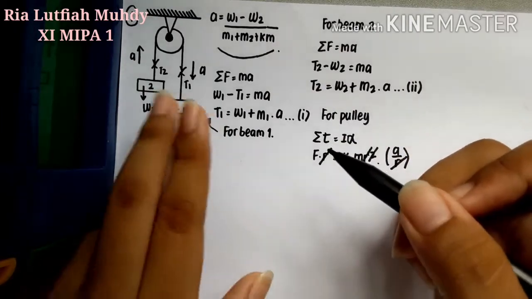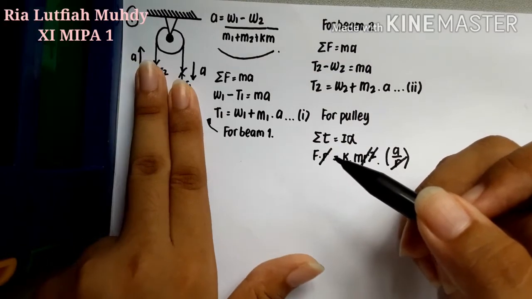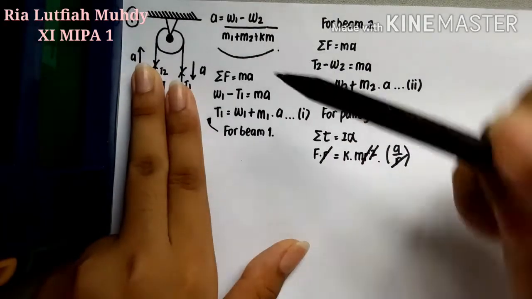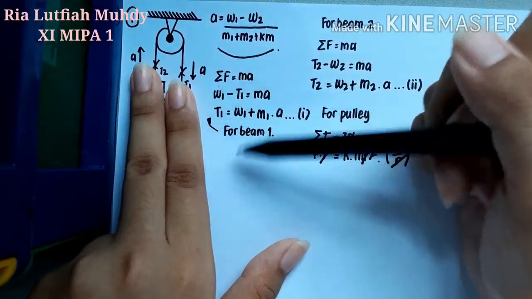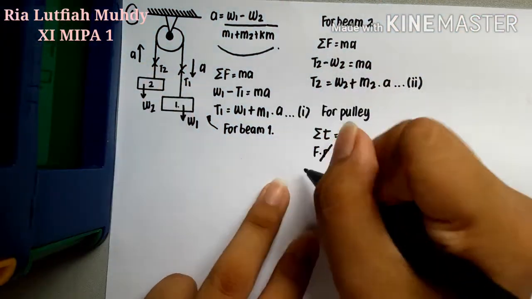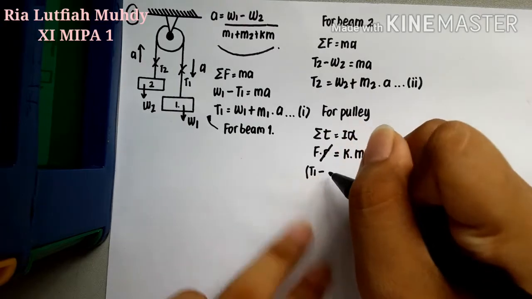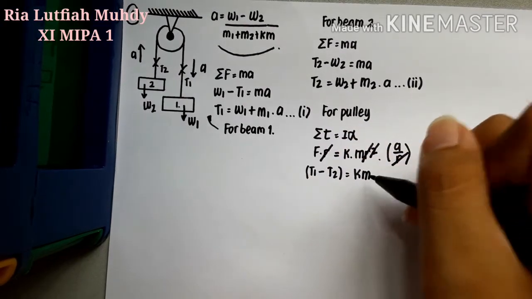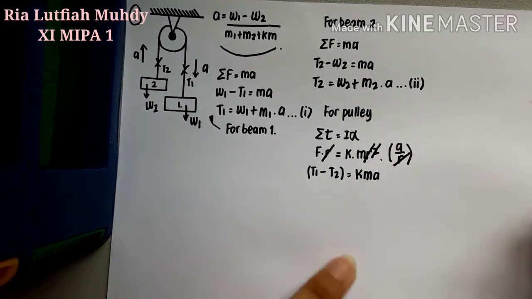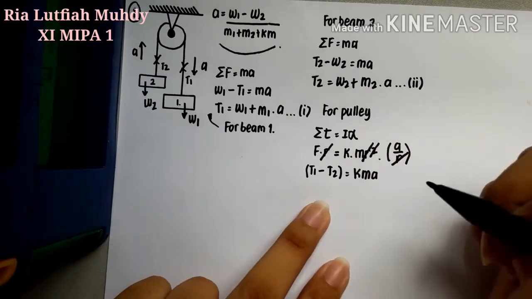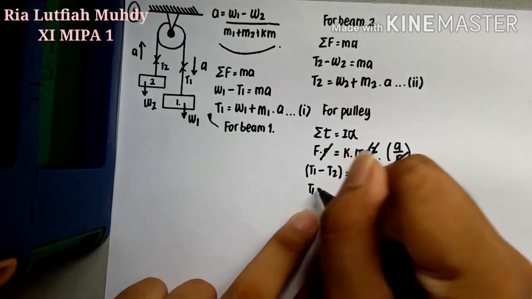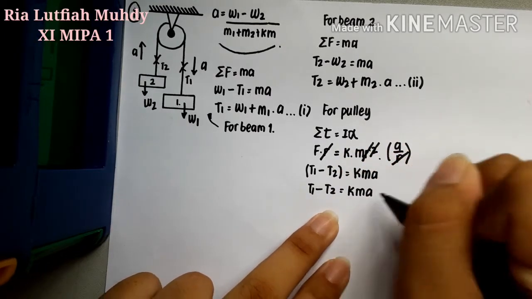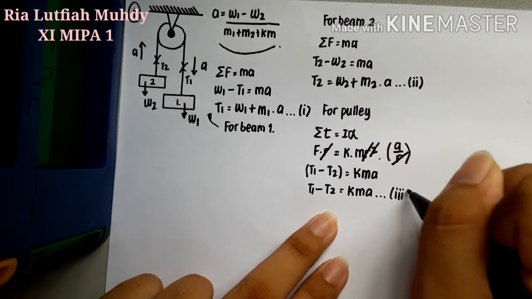For the force, we don't look at beam 1 and beam 2, just over here. There is tension 2 going down and tension 1 going down too. So we can write tension 1 minus tension 2 equals K times a times m. We got these equations, so we can write that tension 1 minus tension 2 equals constant times mass times acceleration. So we get equation 3.